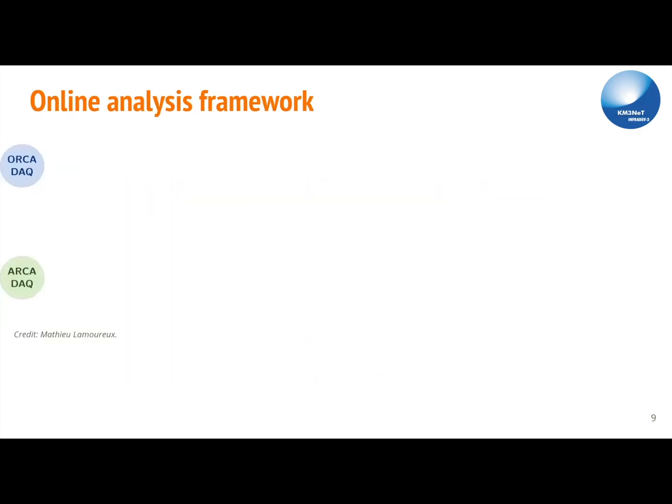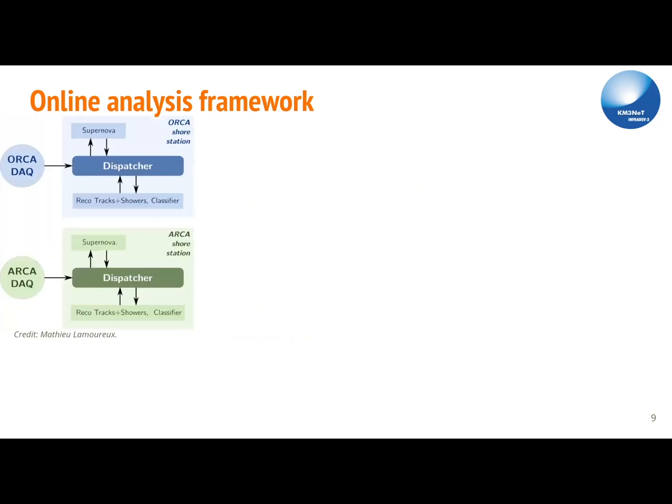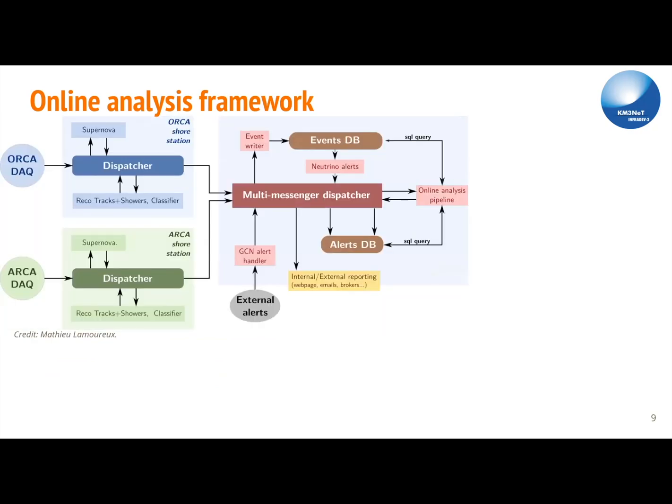So to give you an idea of what path the data follow, first they are produced at the detector and sent to shore. In parallel, they are reconstructed at the ARCA shore station and at the ORCA shore station, where the real-time analysis framework runs. Everything is broadcast to the multi-messenger dispatcher, where we will have analysis within our data to look for interesting neutrino candidates.